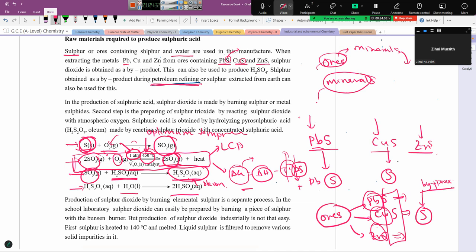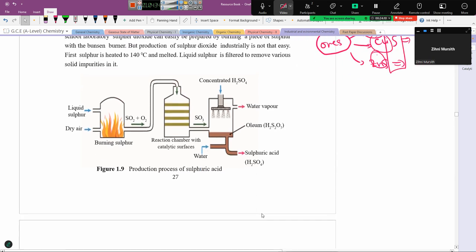Okay. Now here you can just see this picture. Here dry air means oxygen gas, and liquid sulfur, right? From the byproduct of petroleum refining and extraction of metals from their ores, we have sulfur, and it should be liquefied, and the liquid sulfur comes here.